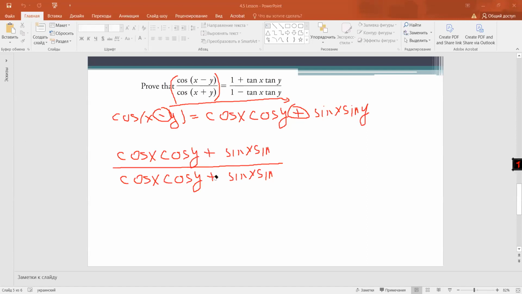In the denominator, we're going to have minus sine x times sine y. Is that clear?